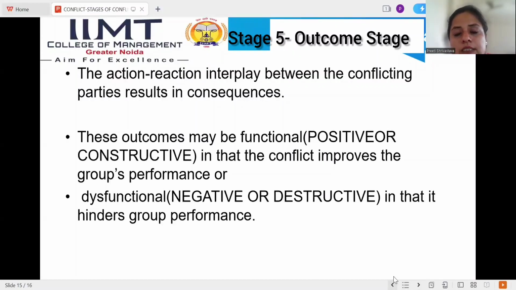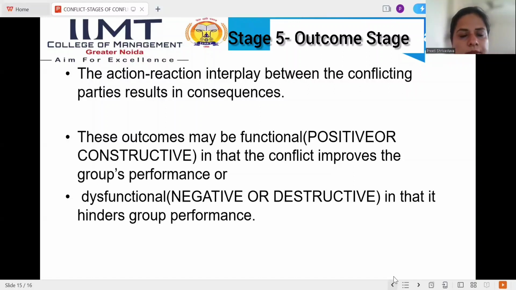So there are some conflict resolution strategies. If we do effective communication, then we can solve the conflict. The second can be problem solving and decision making.